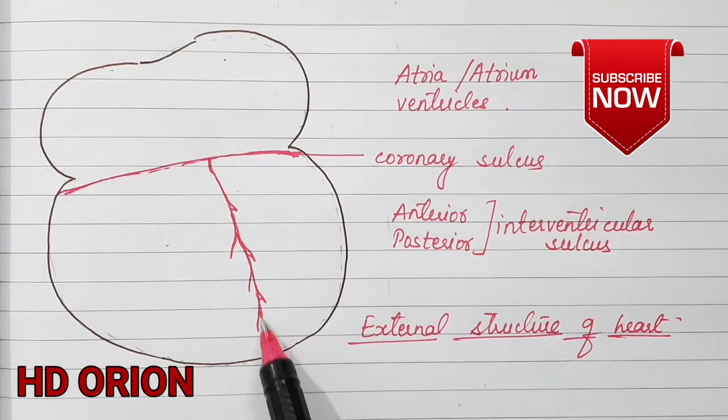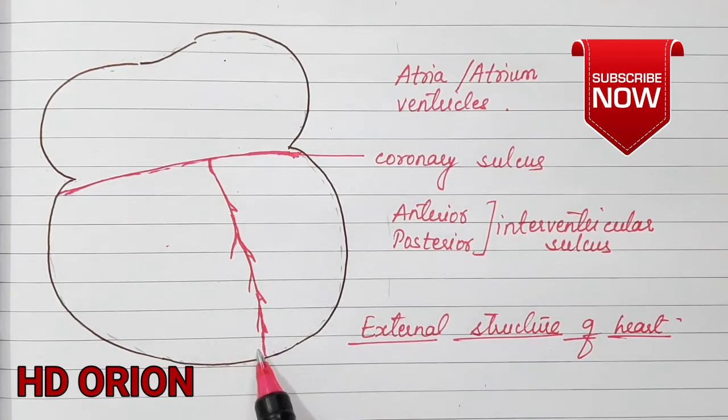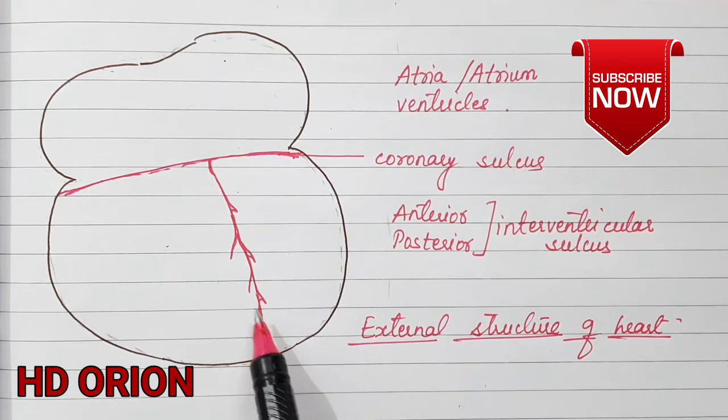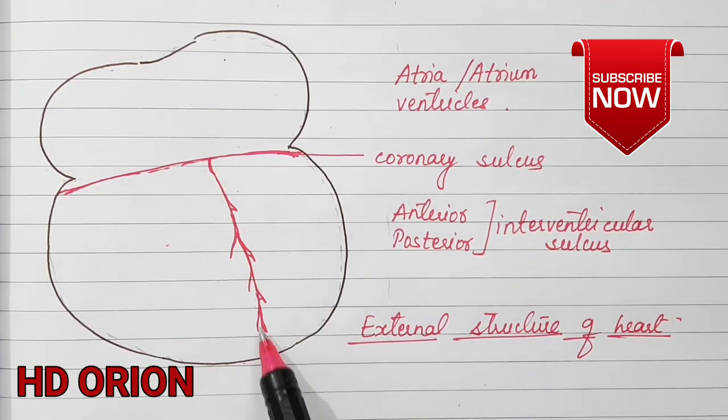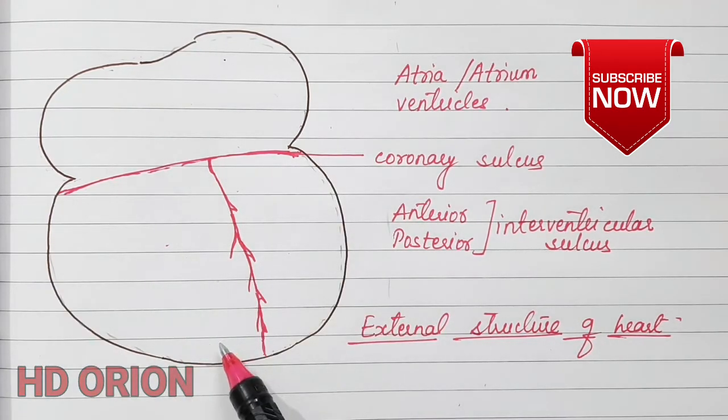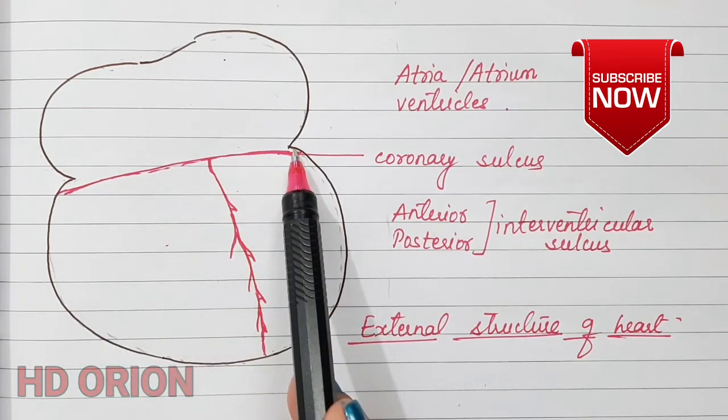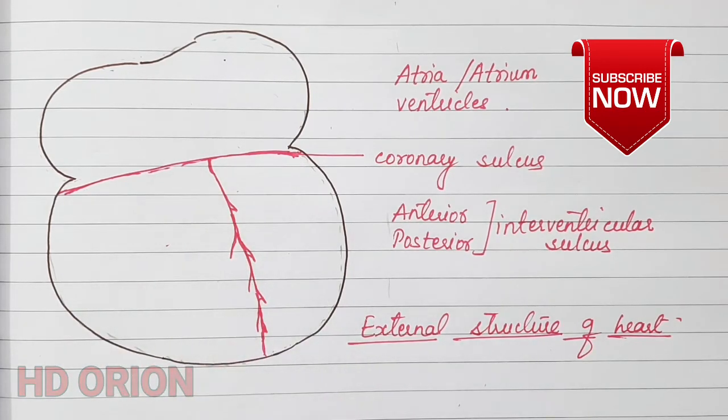This is again a depression, and this is a vertical depression. So this is the interventricular sulcus, and the posterior sulcus is behind it. Since this is a 2D diagram, we cannot show it behind. In the same manner, as the anterior interventricular sulcus is shown, the posterior one is present just behind it. So externally, these are only present, the coronary sulcus and the anterior and the posterior interventricular sulcus.